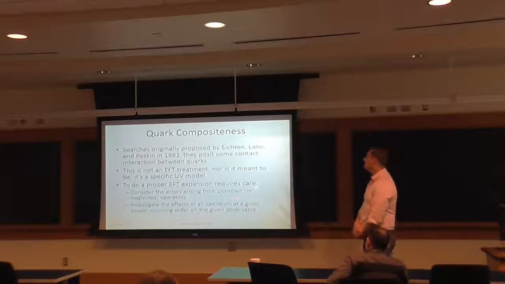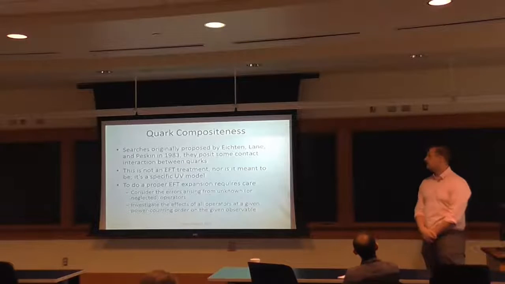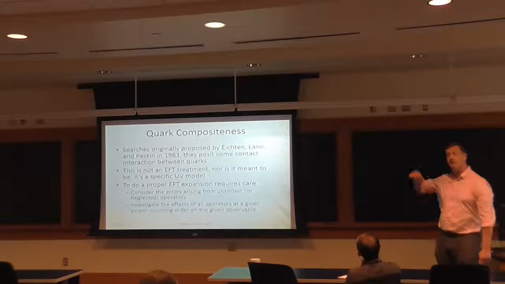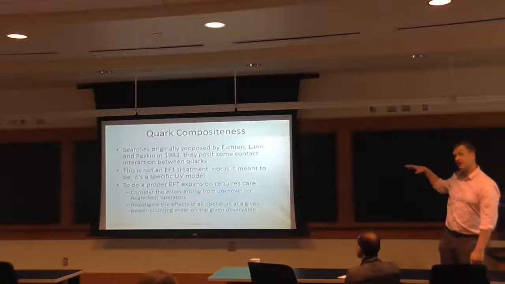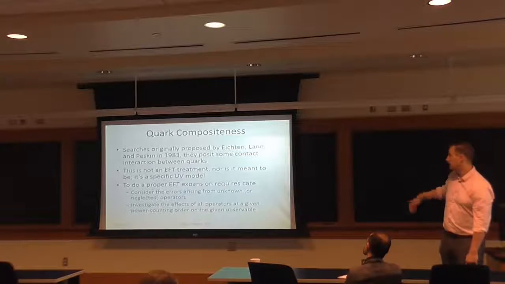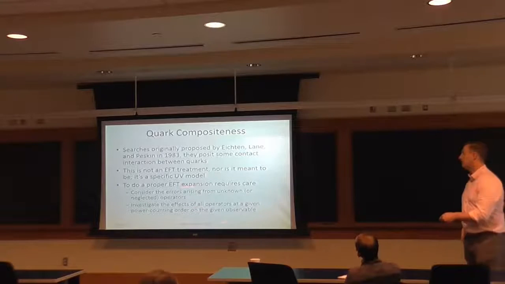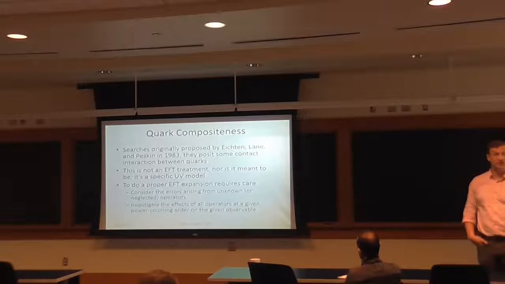To do the EFT expansion, you need to consider explicitly the errors arising from the unknown dimension 8 operators or other neglected operators that you've turned off, which also happens in this analysis. And you need to investigate the effects of all the operators at that power counting order, not turn off things at dimension 6 that could matter.